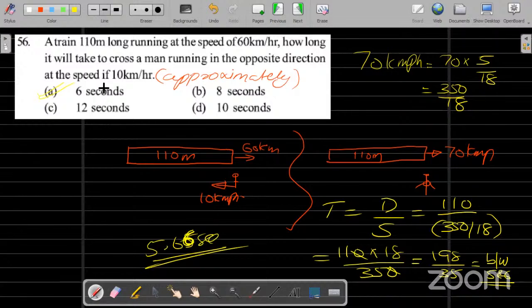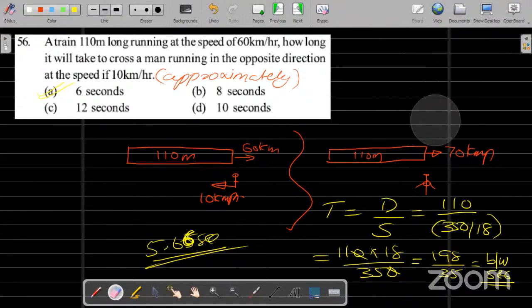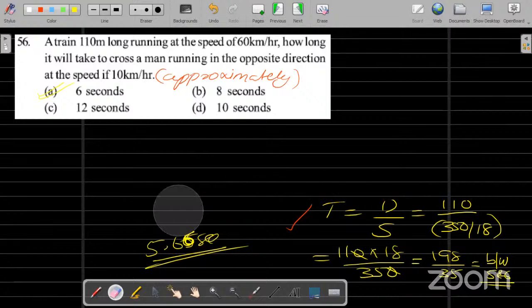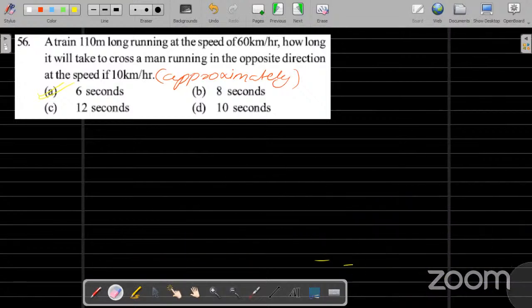So we need to use the word approximately there. I think that is a problem that happened while copying the question. It may not be an issue with the actual question. AFCAT questions will be correct.